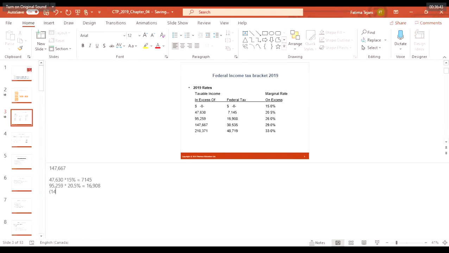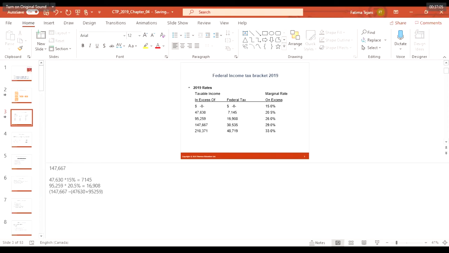Now, what is the balancing amount, guys? Guys, be with me, okay? This is important for your personal life as well, to know about income tax. So 147,000 minus 47,630 plus 95,259.